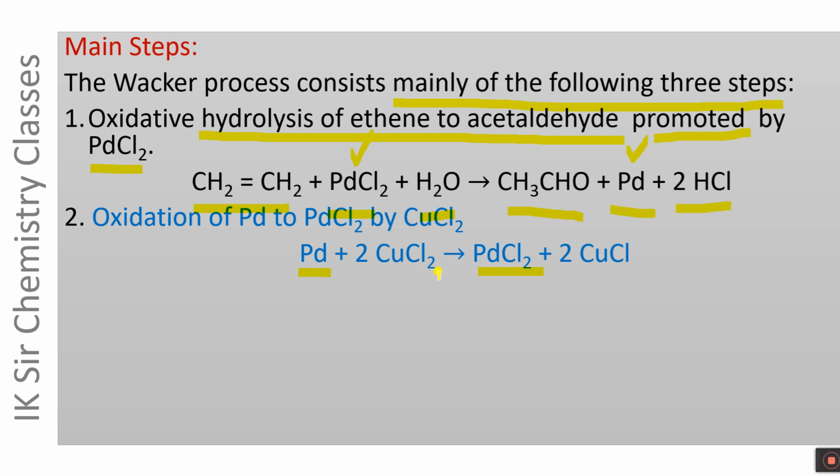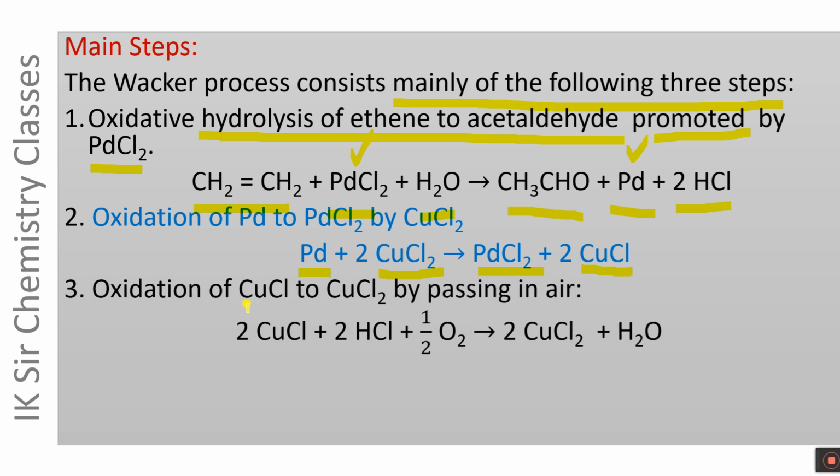But during this process, CuCl2 is itself reduced to CuCl. And the third step, oxidation of CuCl to CuCl2 by passing air. Cuprous chloride plus HCl produced in the first step react with air forming cupric chloride and water.